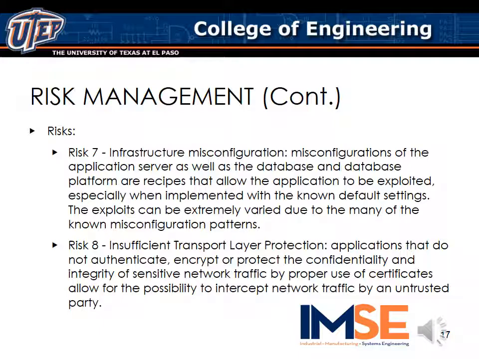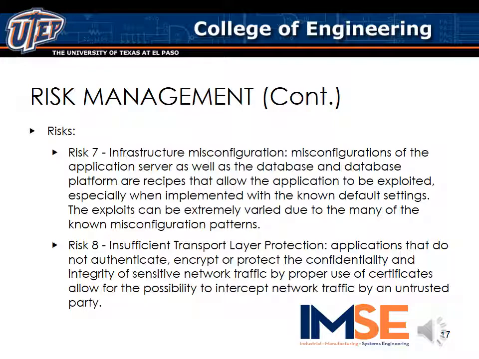Risk 7. Infrastructure misconfiguration. Misconfigurations of the application server as well as the database and database platform are recipes that allow the application to be exploited, especially when implemented with the known default settings. The exploits can be externally varied due to many of the known configuration patterns.